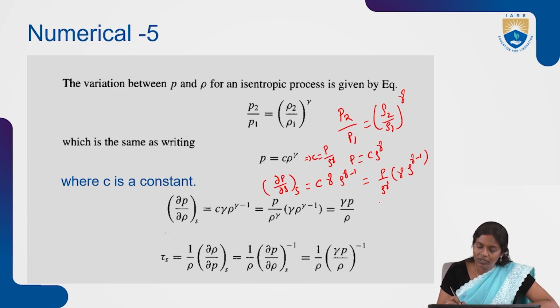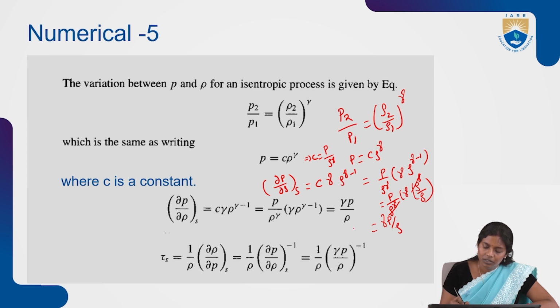So now what we can write in this one? Rho gamma will get cancelled out, leaving p by rho gamma into gamma into rho gamma by rho. So rho gamma will get cancelled out. Then what we will have is gamma p by rho, which is nothing but dou p by dou rho at constant s, right?